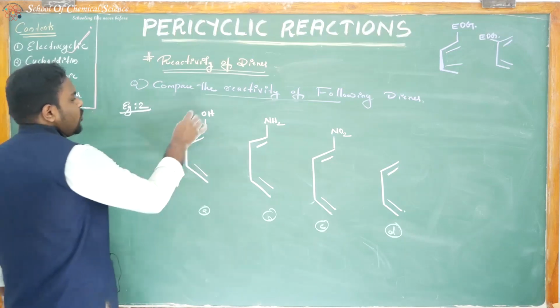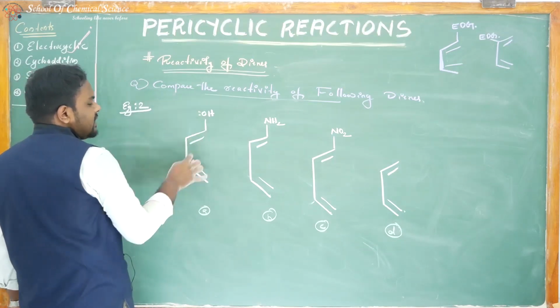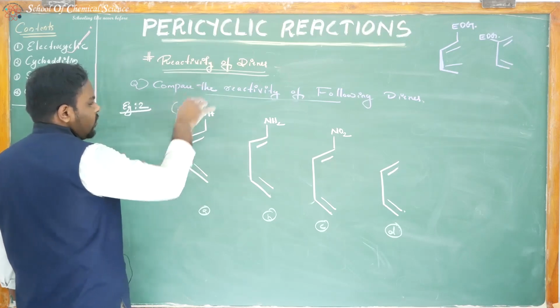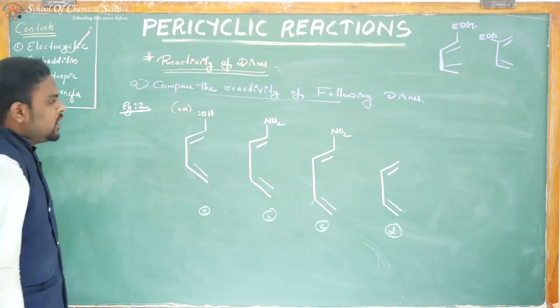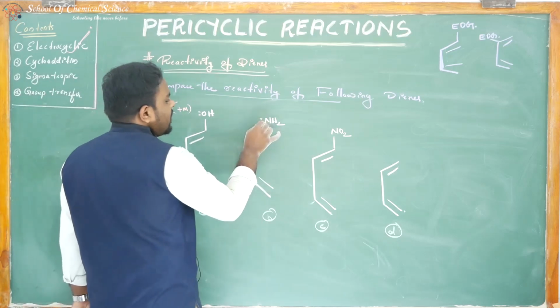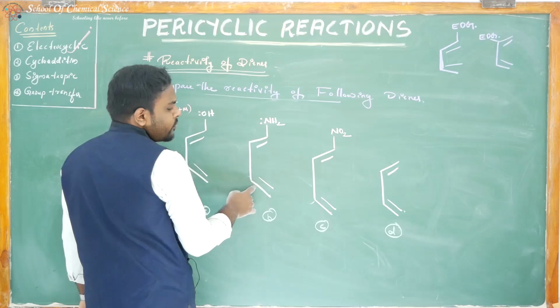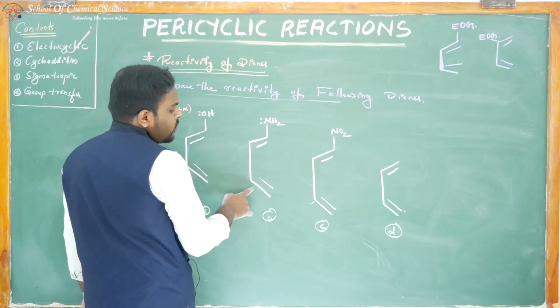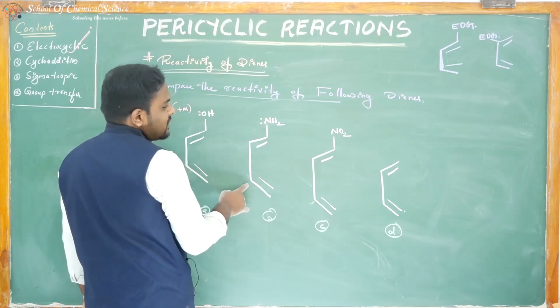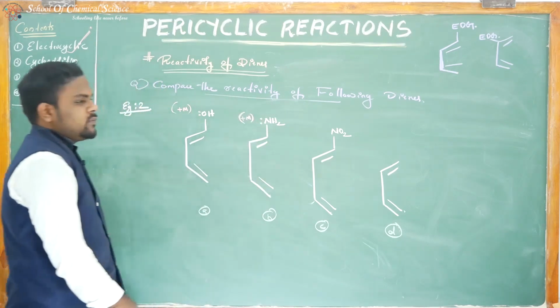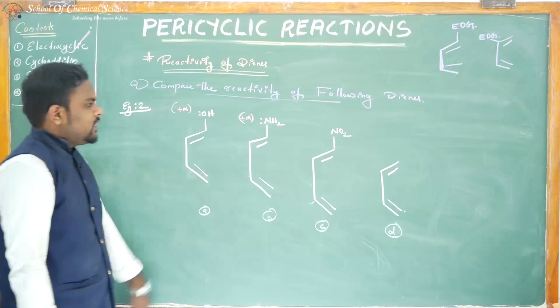Here a group having lone pair is attached to a conjugated diene. So plus mesomeric effect. OH is an electron donating group. Here also a group having lone pair of electron is attached to the carbon-carbon conjugated system. So this will also show plus mesomeric effect, electron donating group.